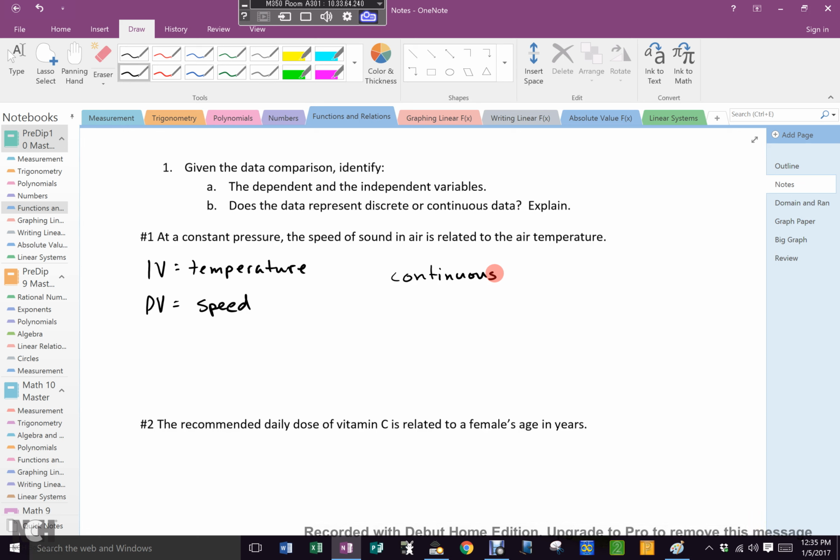Everybody understand? I don't need to write why, do I? You understand why, yes? No matter what the temperature, even if it's such a small fraction of temperature that we can't actually measure it, sound is still passing. Cool? Okay. Next one.